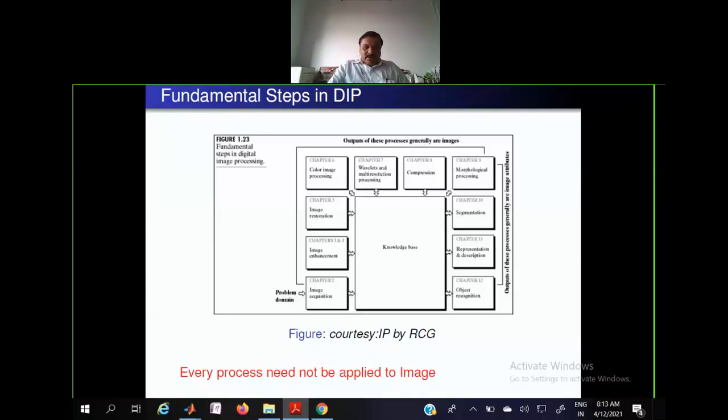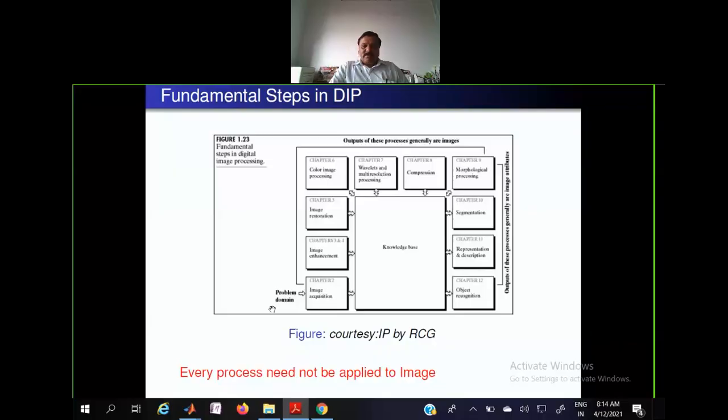So you have a problem in hand which has to be analyzed by using image processing. Let me take the example of license plate recognition as a problem domain. The job assigned to you as an image processing expert is to identify the license plate number of a vehicle from a video.